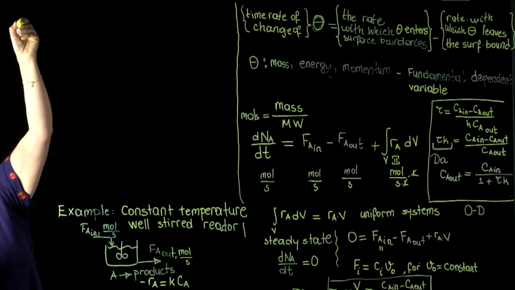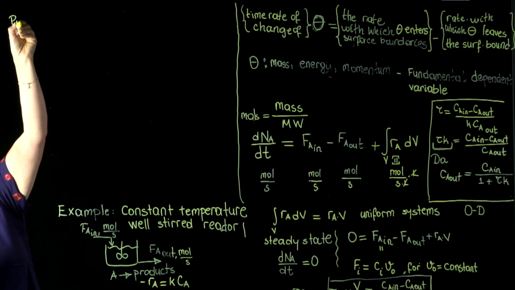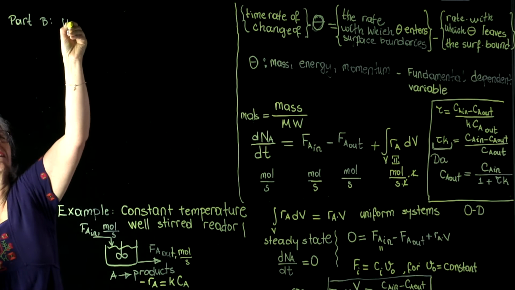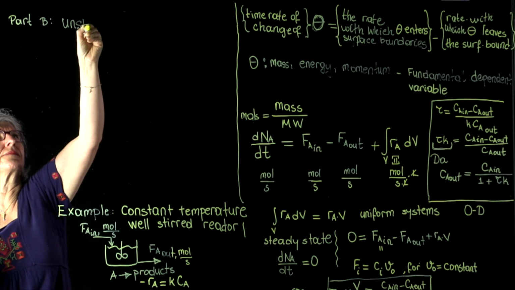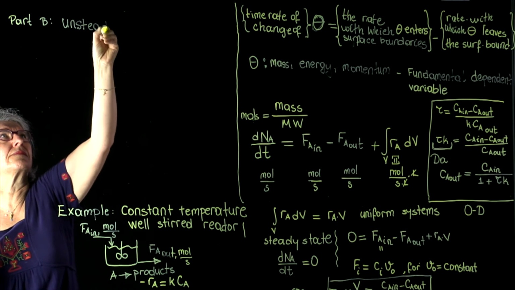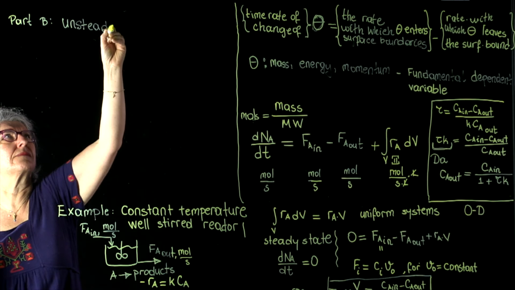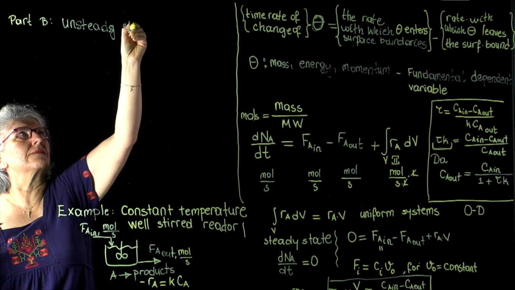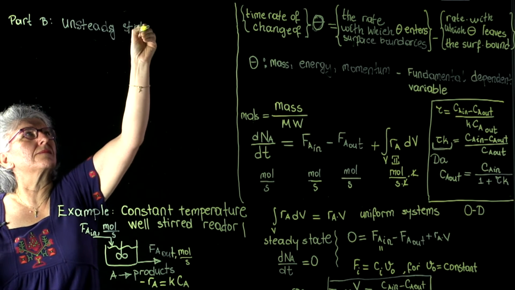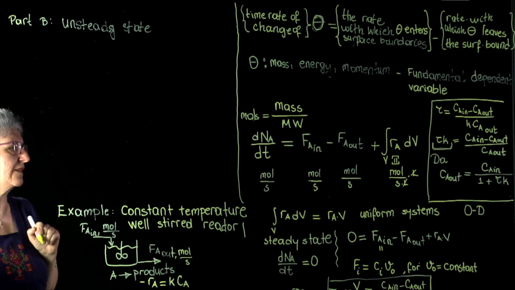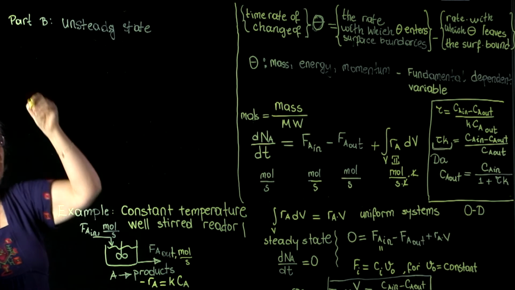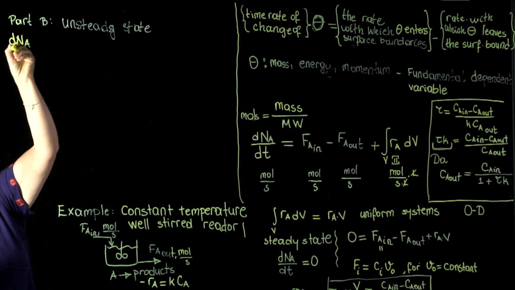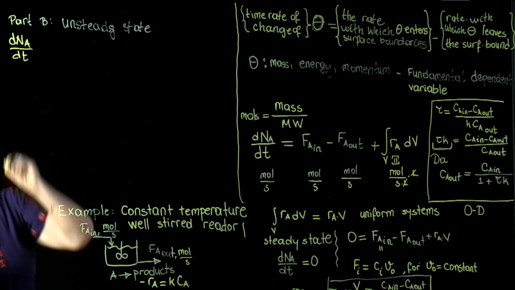In this problem, part B, unsteady state. Unsteady state reactor. We have the dNA over dt term remaining.